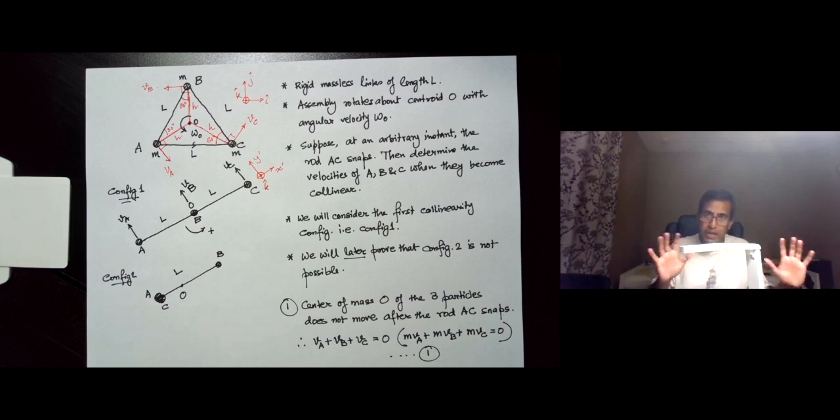Those two are unique combinations that will be possible, the only two sets of velocities that are possible when the three particles become collinear with each other.